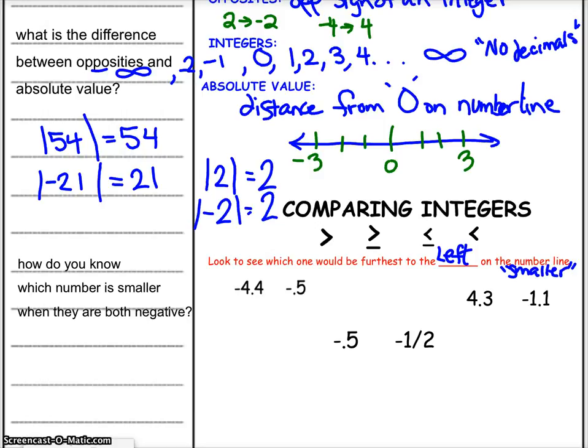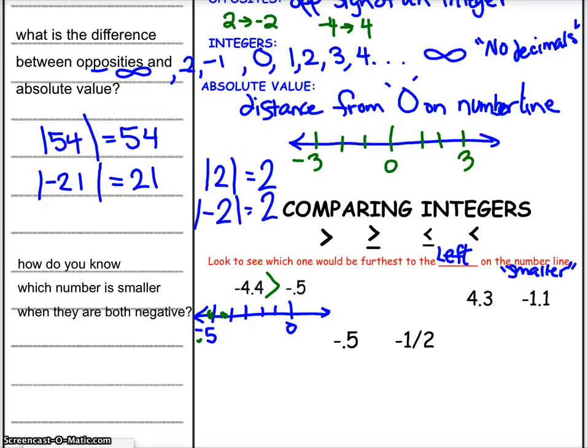If you plotted negative 4.4 and negative 0.5 on a number line, negative 4.4 is almost to negative 5, and then negative 0.5 is right here. Then negative 4.4 is smaller because it's furthest to the left.